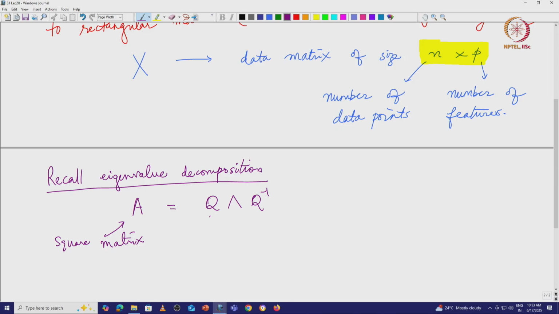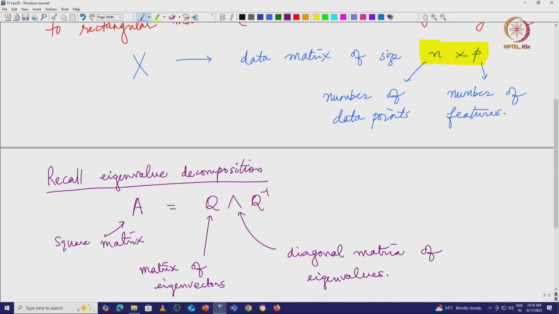Here Q is the matrix formed by the eigenvectors of A, and lambda is a diagonal matrix of eigenvalues. Basically the eigenvalues are on the diagonal, and we have already seen this eigenvalue decomposition in some of the earlier lectures when we also studied the Hessian and the positive definite and positive semi definite nature of Hessians in certain specific cases.